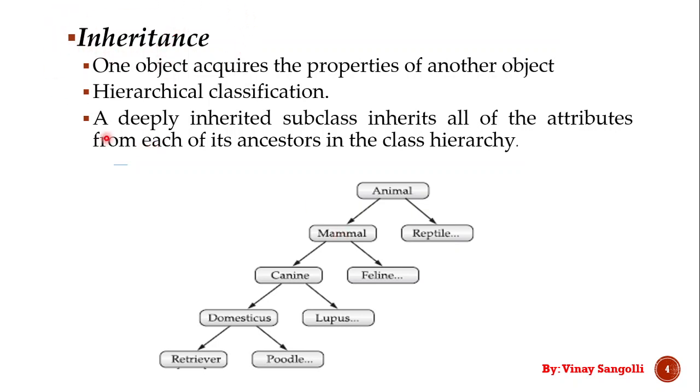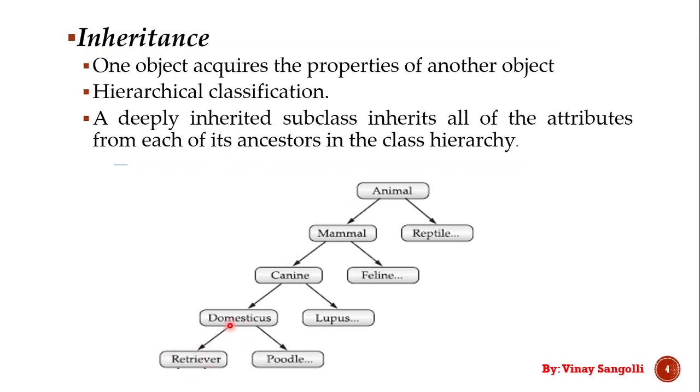Okay. So you can see here that a deeply inherited subclass inherits all of the attributes from each of its ancestors in the class hierarchy. This is my deeply inherited subclass, right? Is it deep? Right, it is deep. It is right at the end. It inherits all of the attributes from its ancestors. Who are these ancestors?